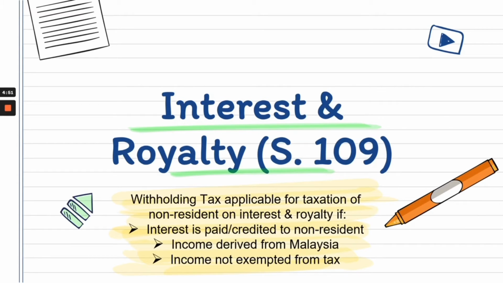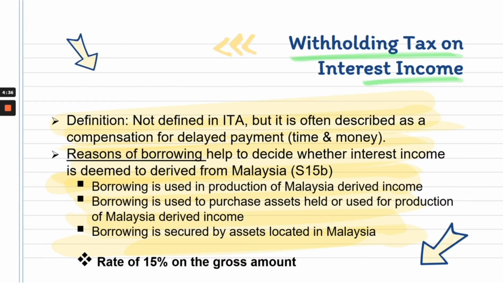Withholding tax will be applicable for taxation of non-residents on interest and royalty based on 3 factors, which are interest is paid or credited to non-residents, income is derived from Malaysia, and the income is not exempted from tax. First of all, interest income is often described as compensation for delayed payment in reference to time for the use of money.